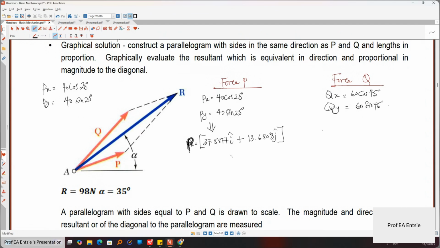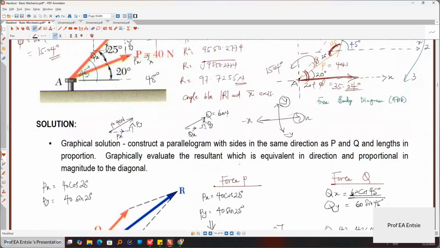Let's do Q. We take the x component, 60 cos 45, which is 42.4264 i, because you are dealing with the x axis. Plus, because look at the component of Qy is going up. Up is positive.